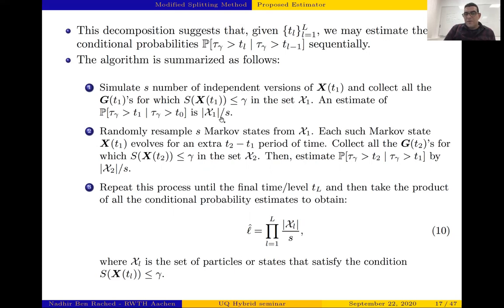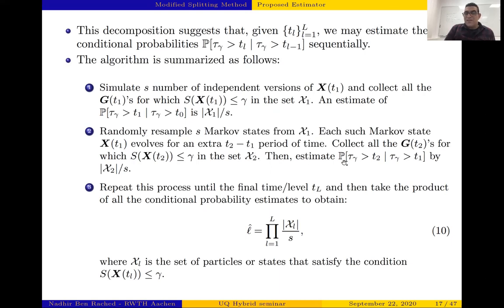So it's like we use naive Monte Carlo from time t0 to time t1. Then we randomly resample S Markov states from the paths that are in chi1, and each such Markov state evolves for the next period t2 minus t1, and again we collect all the paths that satisfy this condition in the set chi2.